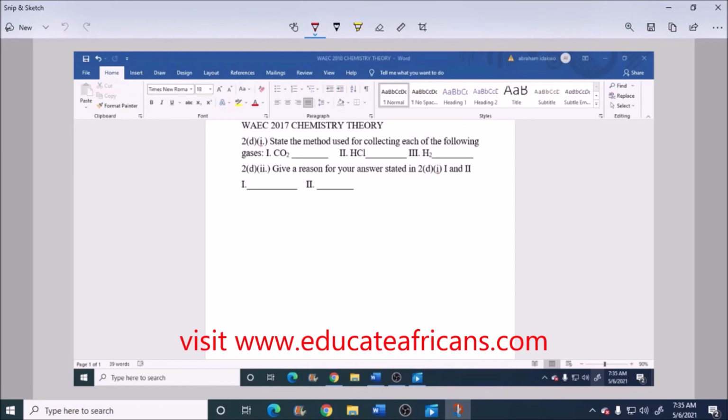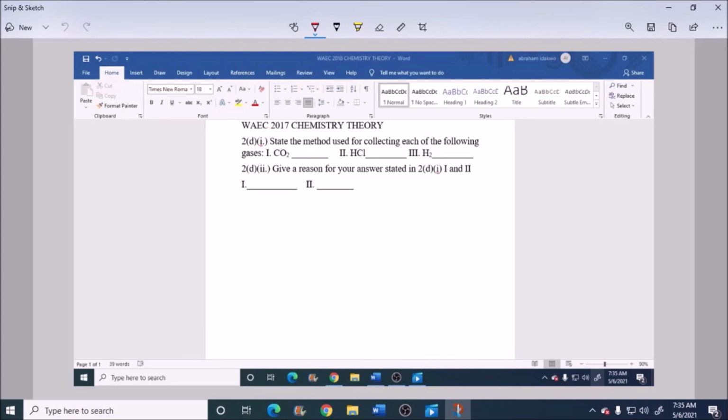Then 2D Roman figure 2, we have to give a reason for our answers in 2D Roman figure 1. So the method used for collecting carbon dioxide gas is by downward delivery or upward displacement of air.